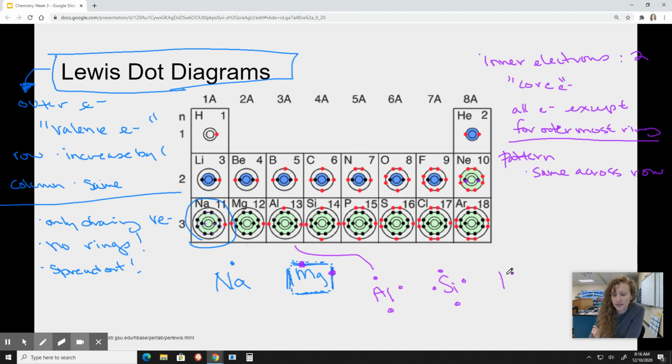Now phosphorus has 5 valence electrons. So you're going to draw the first 4 just like we drew silicon, but when you draw that 5th electron, you're going to have to put it on one of the sides with one of the other electrons. So in this case, once you have 5 or more electrons, you're going to have to start pairing them.